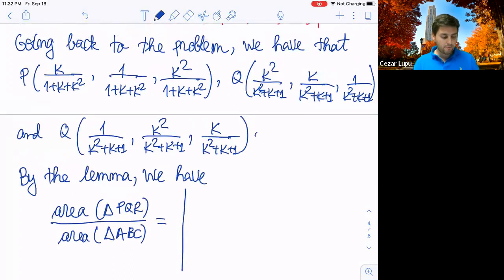So we will have P, okay, I'll put here K over 1 plus K squared, 1.